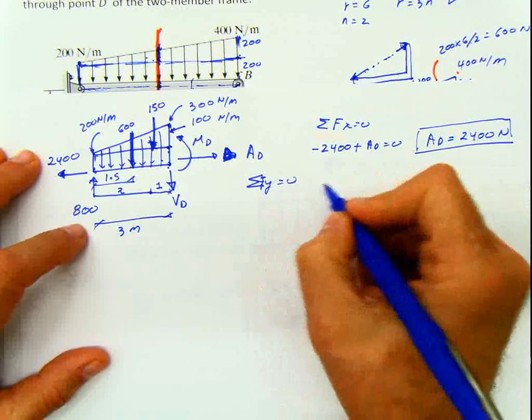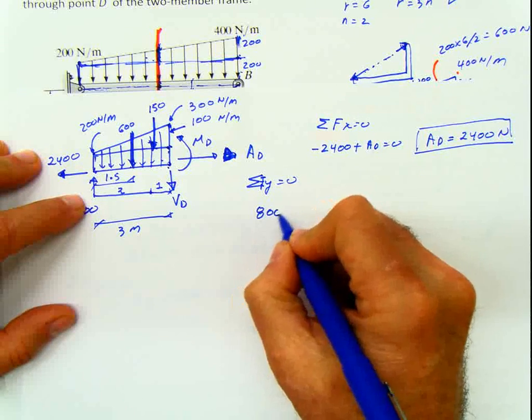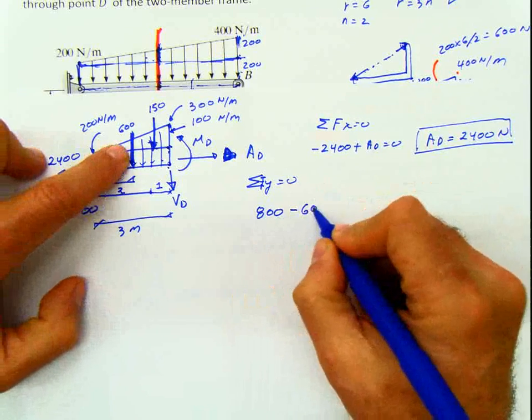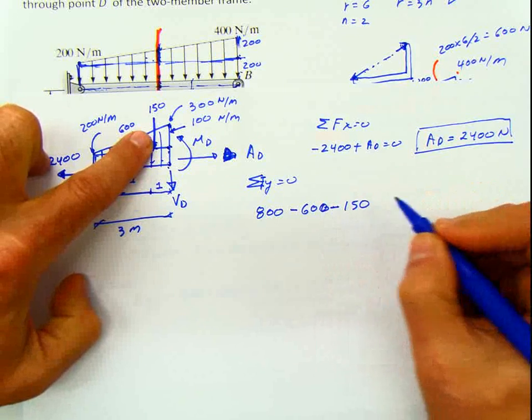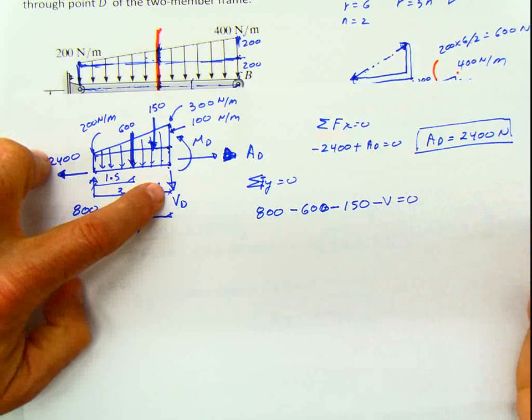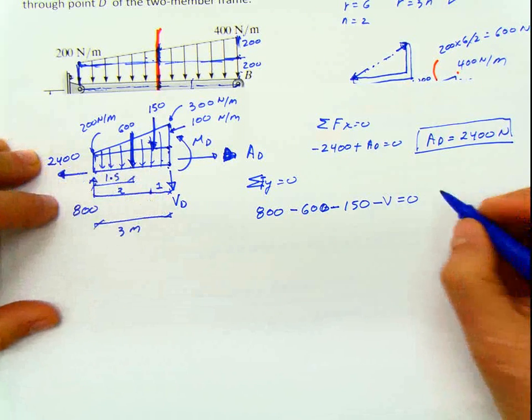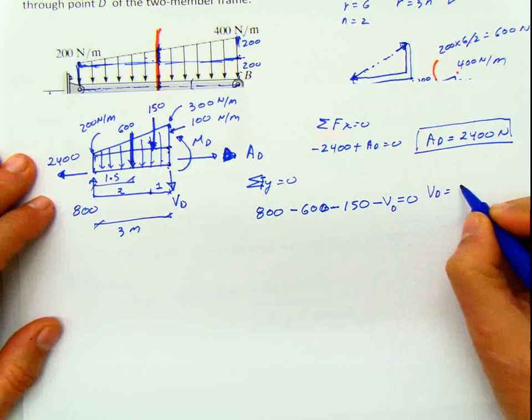If we do summation of forces in Y equals 0, then we have 800 minus 600 minus 150 minus V equals 0 for a result for VD equal of 50 Newton.